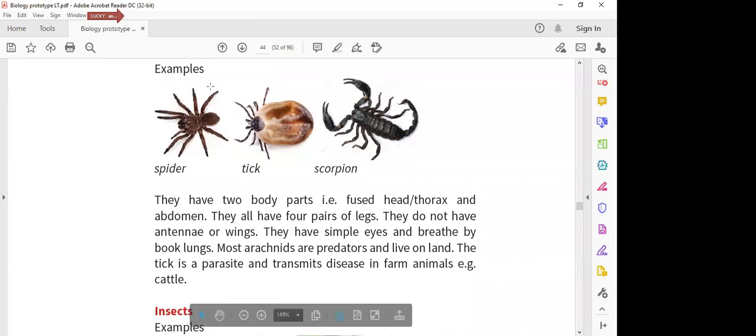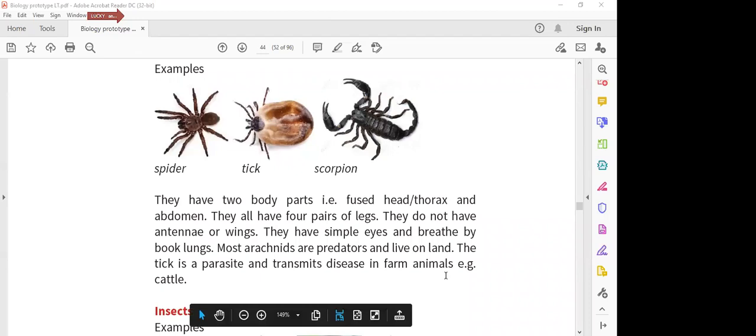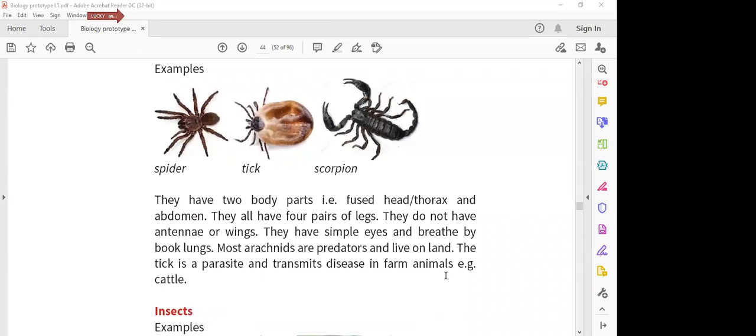They have 2 body parts, for example, fused head or thorax and abdomen. They all have 4 pairs of legs. They do not have antennae or wings. They have simple eyes and breathe by lungs.